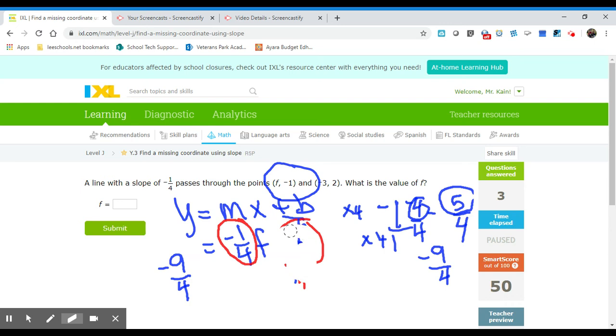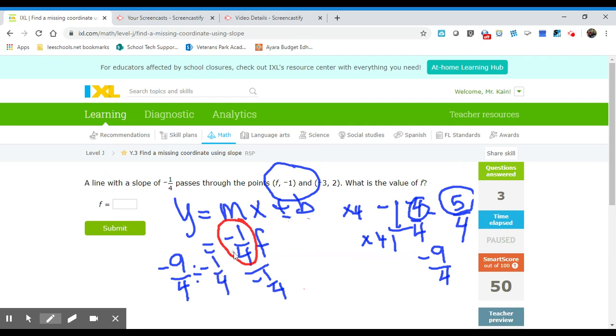Okay. And now I also need to get rid of negative 1/4. And remember, it's multiplying. So we divide by negative 1/4. So I'm going to divide negative 9 fourths divided by negative 1/4.